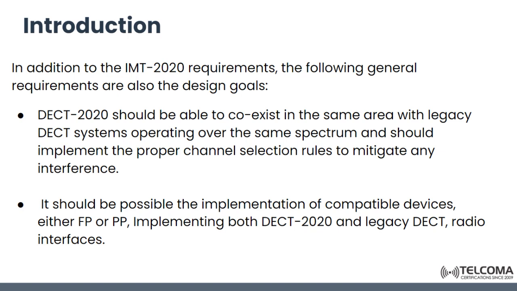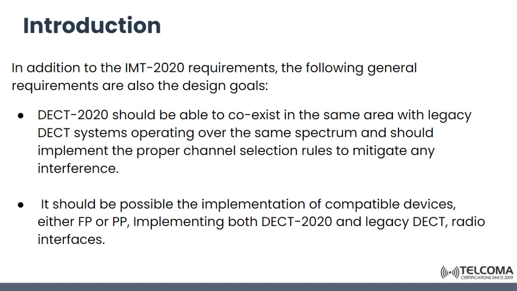They are operating over the same spectrum and should implement proper channel selection rules to mitigate any type of interference. DECT 2020 new radio operates in a global license exempt 1.9 GHz band, which means that you can set up a network without frequency planning or spectrum leasing cost.